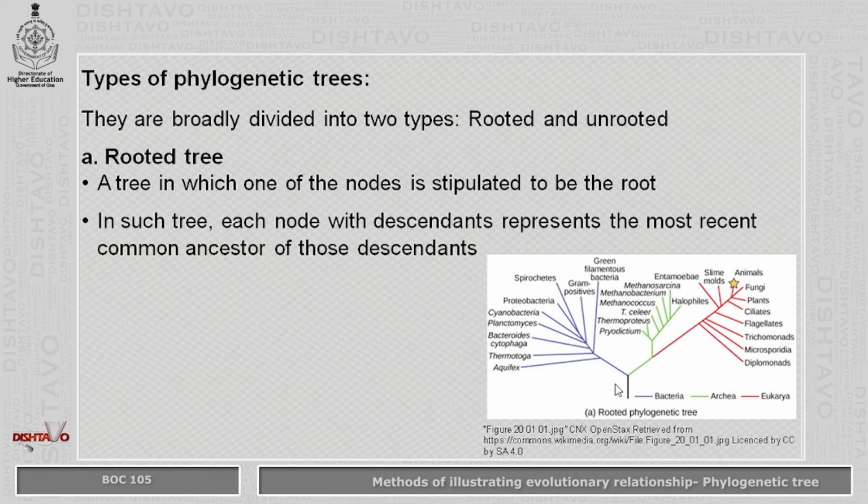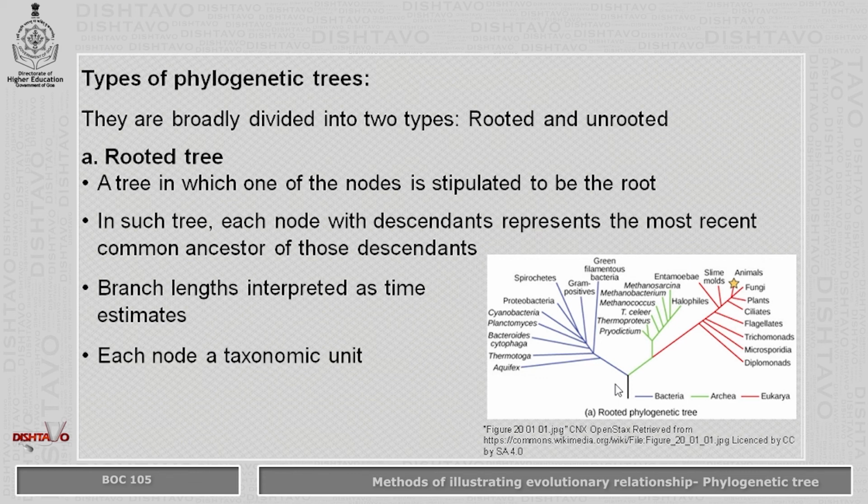In such a tree, each node with descendants represents the most recent common ancestor of all those descendants which have been labeled here. Branch length is interpreted as time estimate. The longer the branch, the more time has taken in the formation or evolution of that particular group. Each node is a taxonomic unit and internodes are hypothetical taxonomic units here.